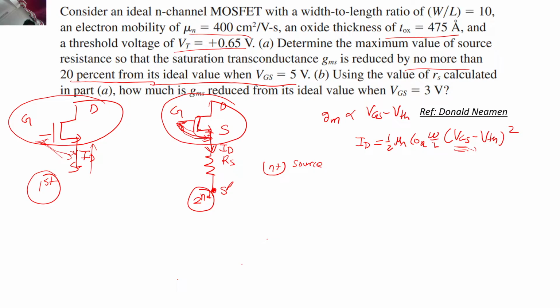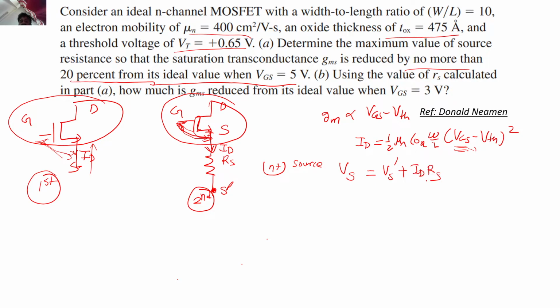Yeah, correct, exactly. So in case number one, why? Because if you take a relation between Vs dash and Vs, Vs will be nothing but Vs dash plus ID times Rs.